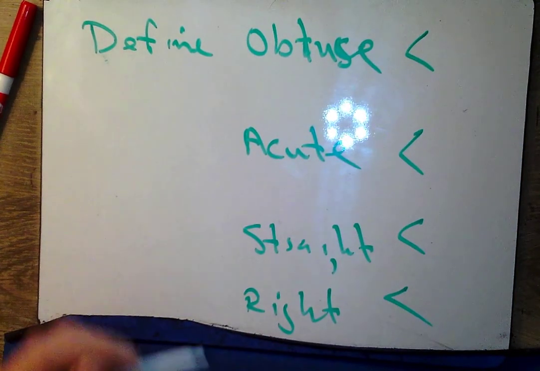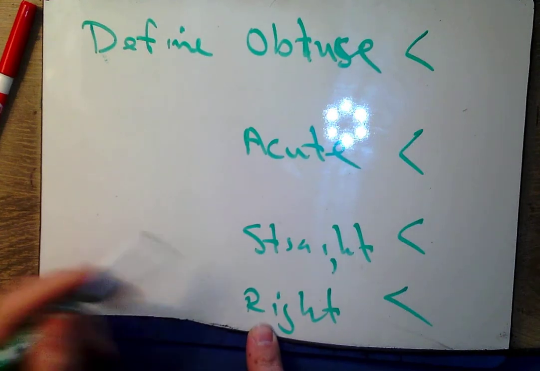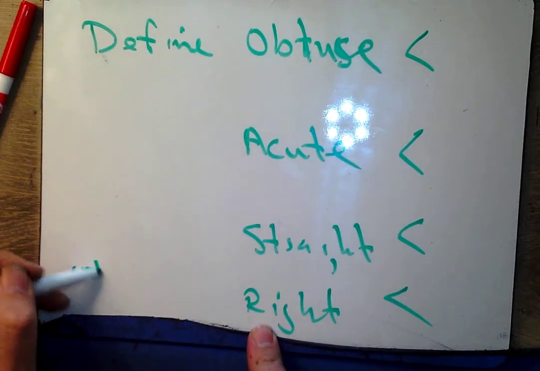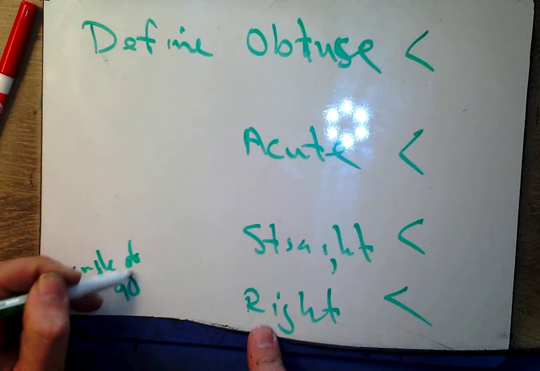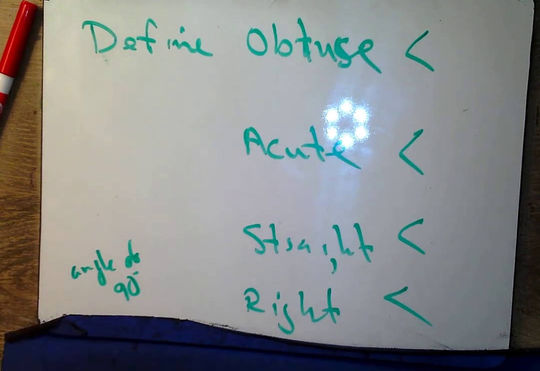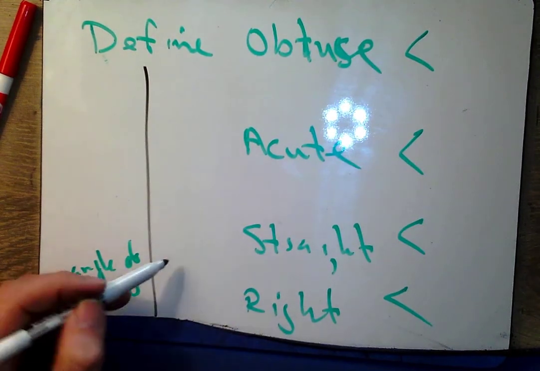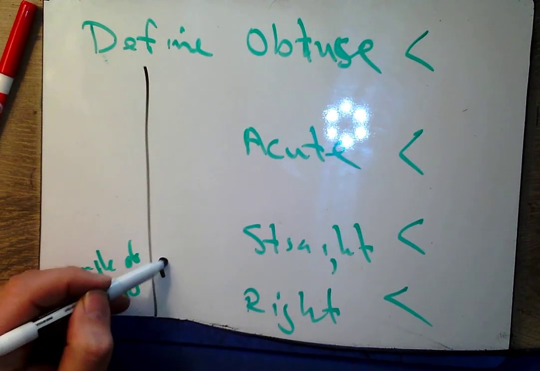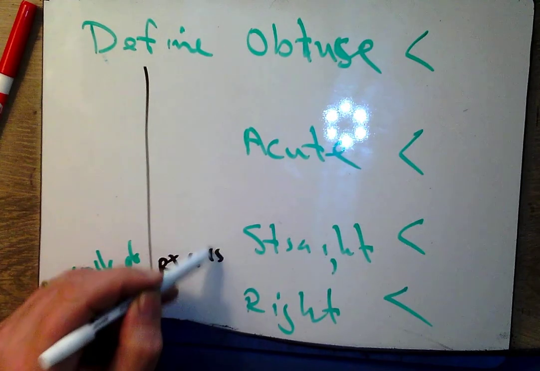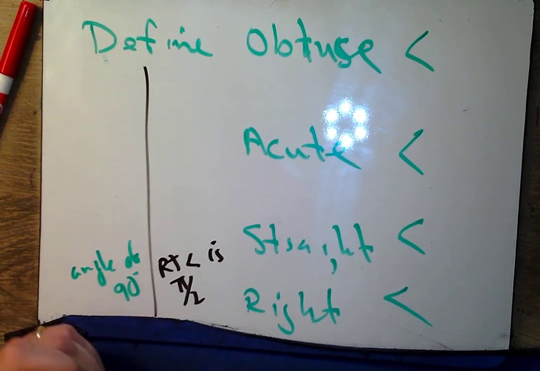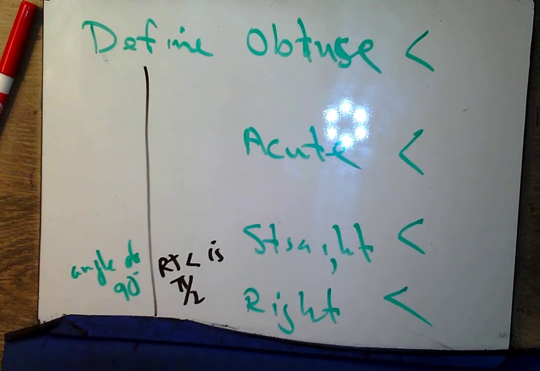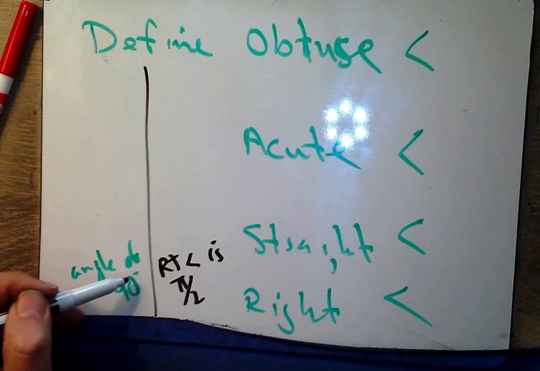Okay, so in geometry class, we said a right angle was an angle of 90 degrees. Well, yeah, I think you still need to know that. But the cool kids are saying a right angle is pi over 2. No radian symbol. Needs a degree symbol. Not as cool.